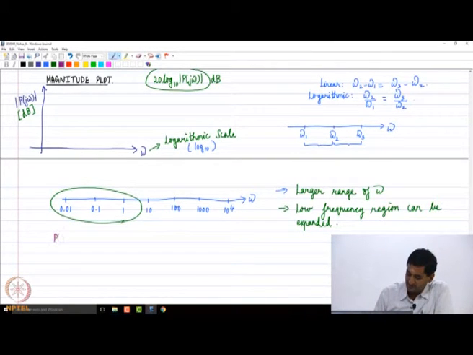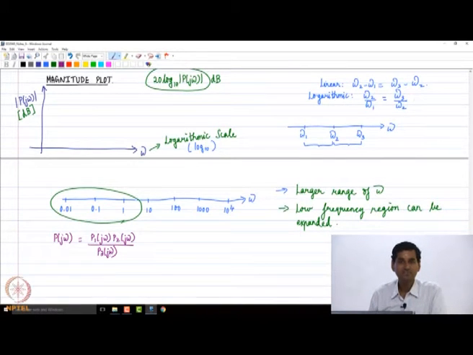Let us say P of j omega is P1 j omega times P2 j omega divided by P3 j omega, where P1, P2 and P3 are some factors. What happens if you use a logarithmic scale?